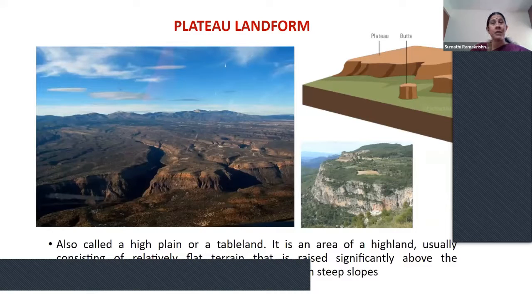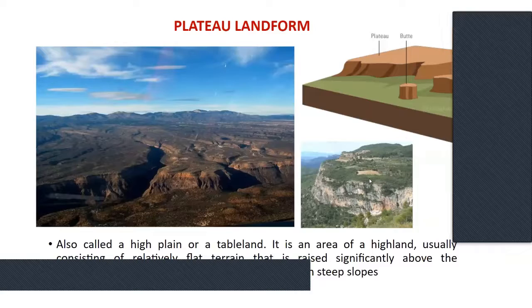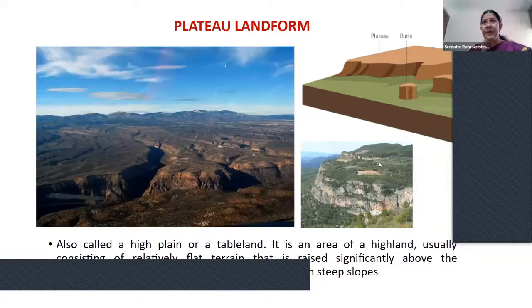High speed winds pass through them, erode the soil and take it with them. So that's one of the reasons plateaus form. See here, it is explained clearly. Even in this picture, you can see the top, the tableland is the plateau.